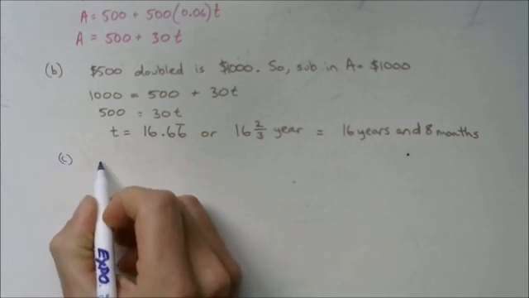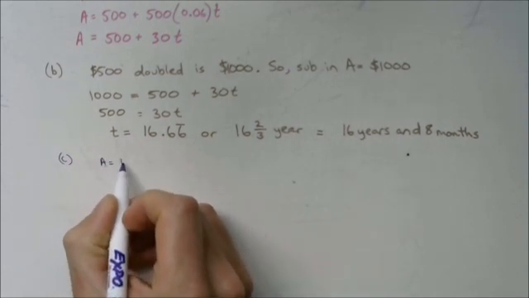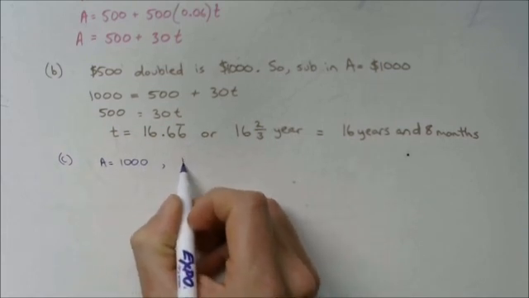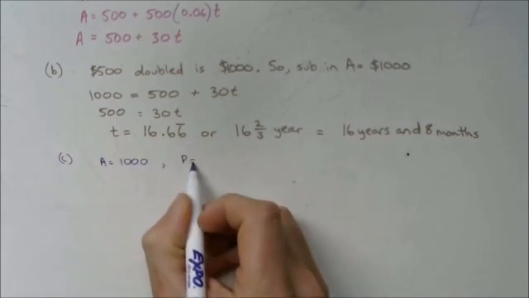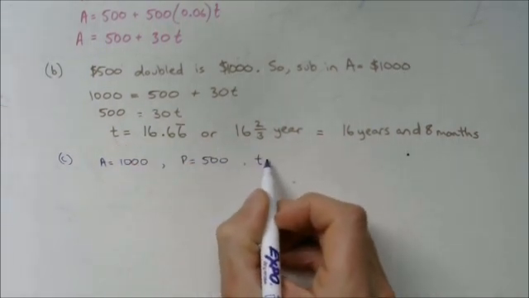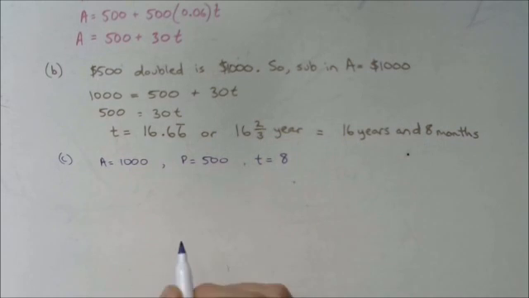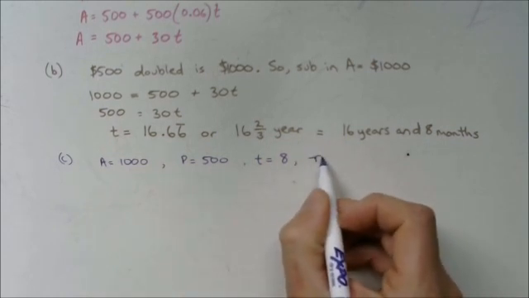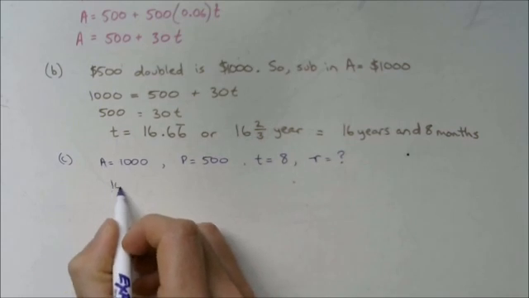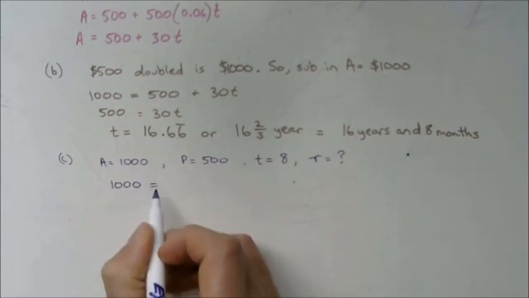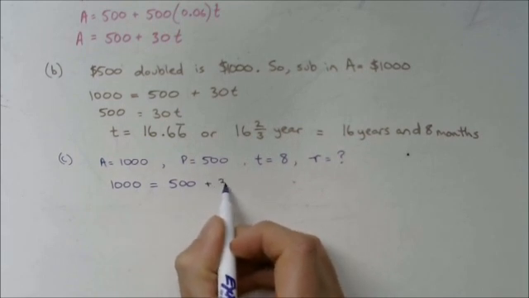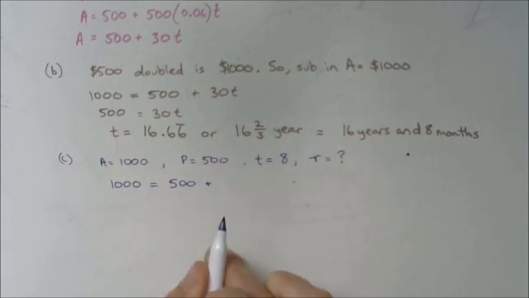Okay, so our amount is still 1,000. This time we know the principal still, it's 500. It's our original equation. And this time we actually know the t that we're aiming for is 8, but we do not know r. Okay, so we're using our same formula. We've got 1,000 as the amount that we're aiming for. 500 is our initial investment plus 30, oh, except it's not 30t this time.